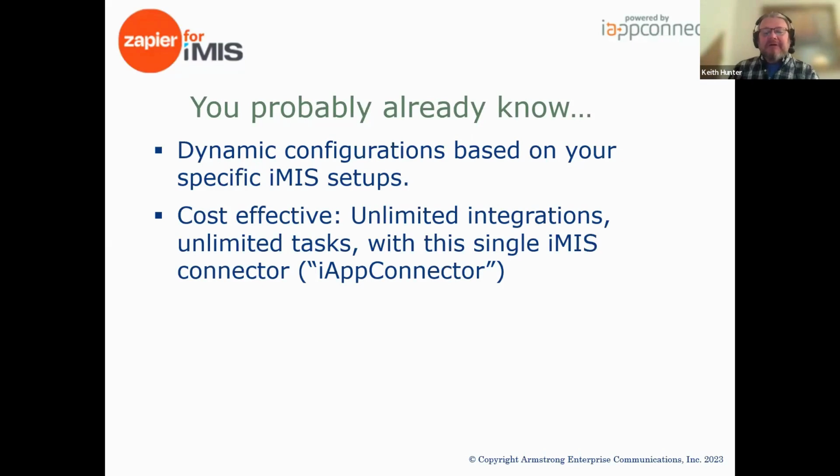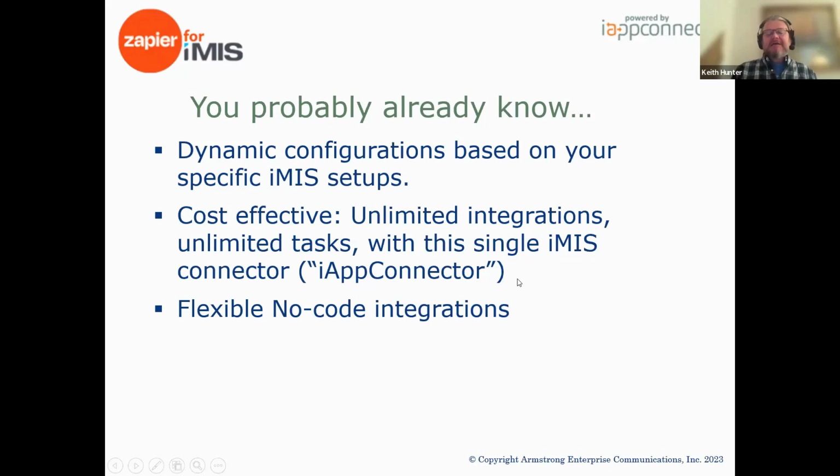Did you probably already know that Zapier connects any number of apps on the Zapier platform? There's no additional connector fees with our solution here. You can connect any number and have any amount of activity through the Zapier for iMIS solution. You do need a Zapier account, and there are some fees associated with Zapier, but you only need the one iAppConnector product to connect iMIS to Zapier, and that's it.